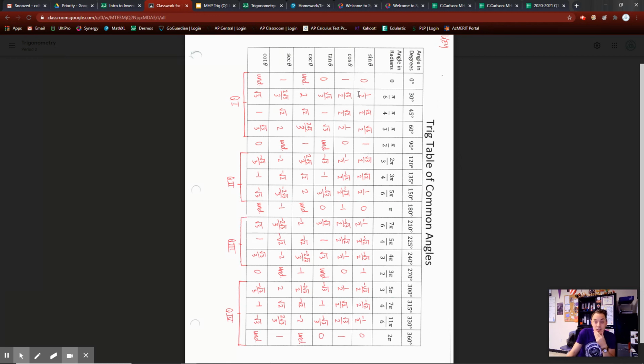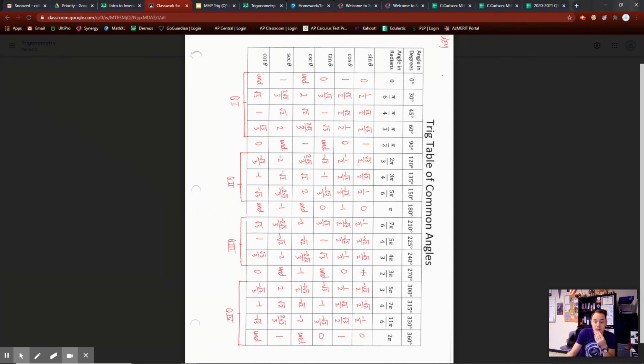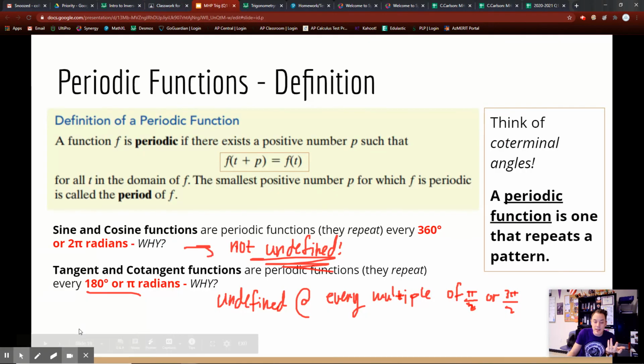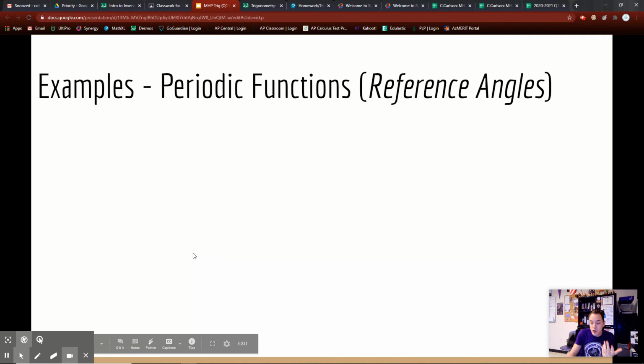Sine is negative 1 over cosine, because that's tangent. Negative 1 over 0 is undefined. So these things repeat over and over again. And we'll explain more about that tomorrow when we go through the graphs. But I wanted to show you that right now.